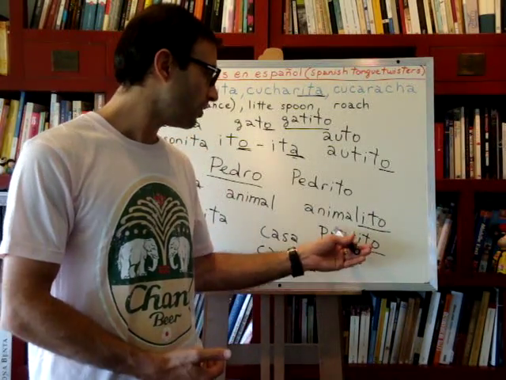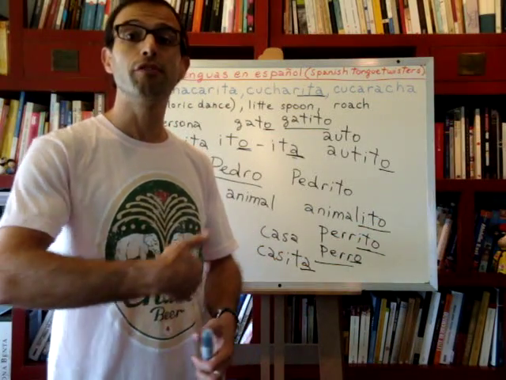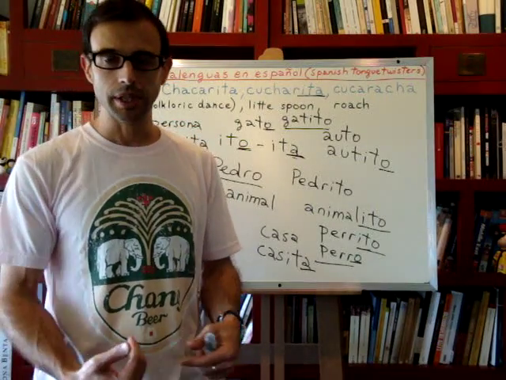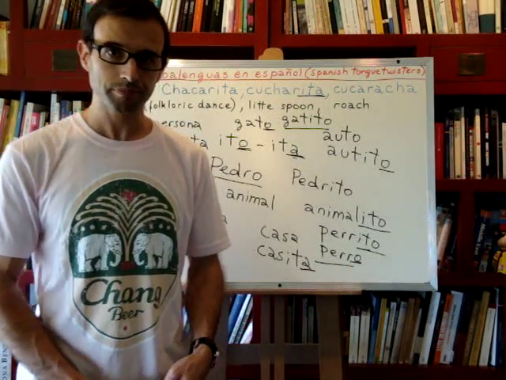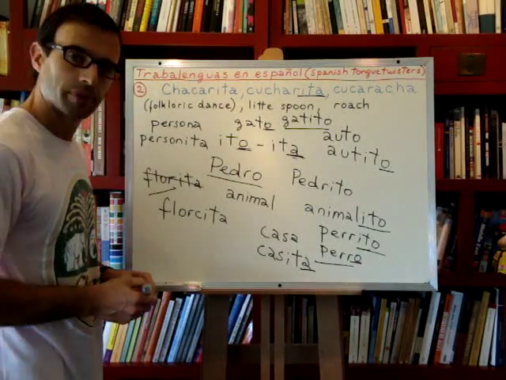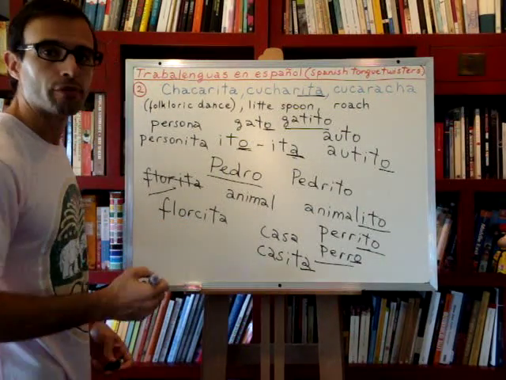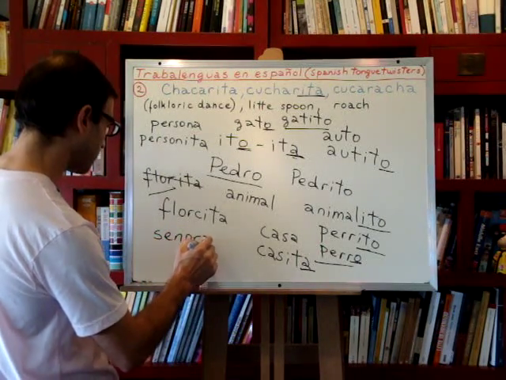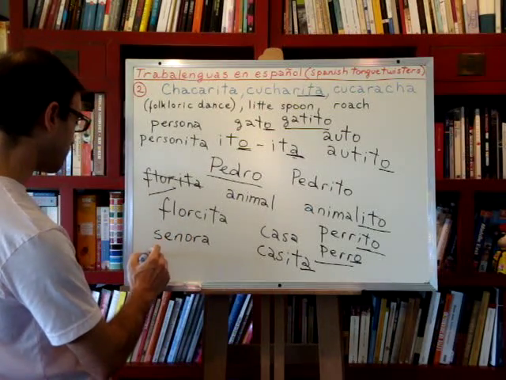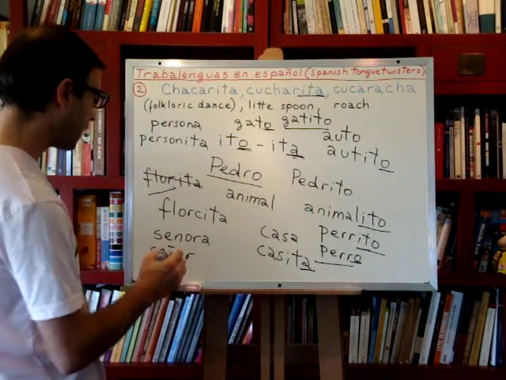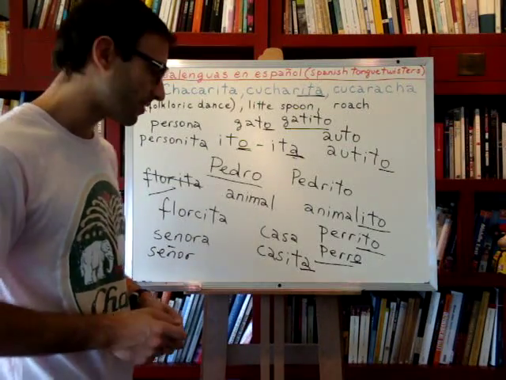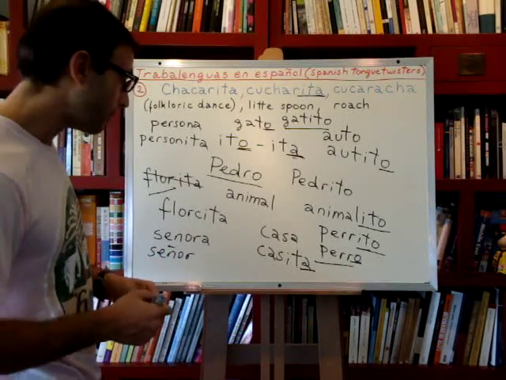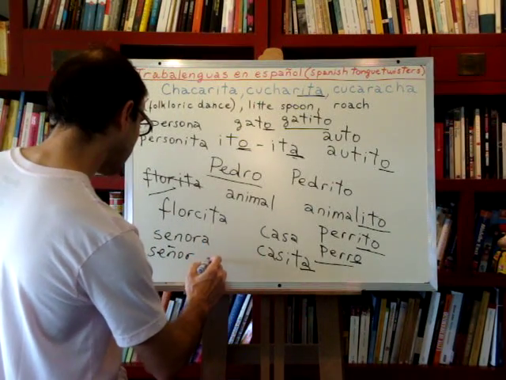Ironically, because since we usually use it for expressing fondness, it can also be used as an irony, being disdainful, okay? So, for example, in Spanish, the word for Mrs. would be señora, okay? And for Mr. would be señor, right? However, for Mrs., for Miss, somebody that is not married, the word would be señorita.